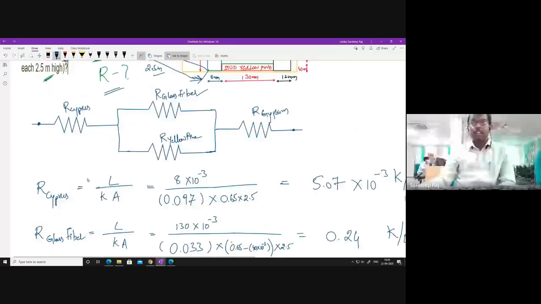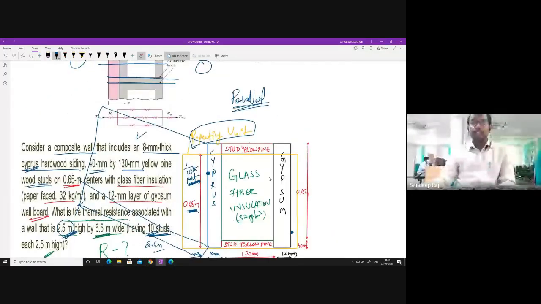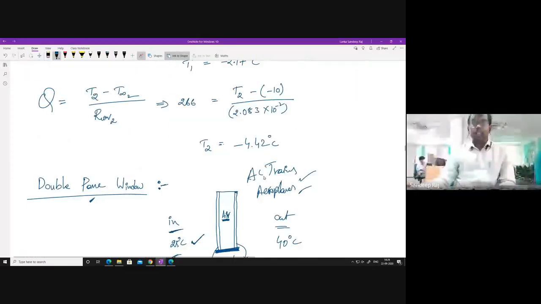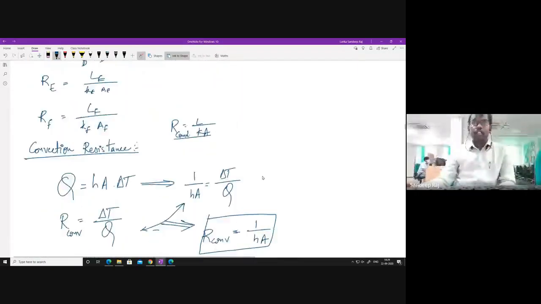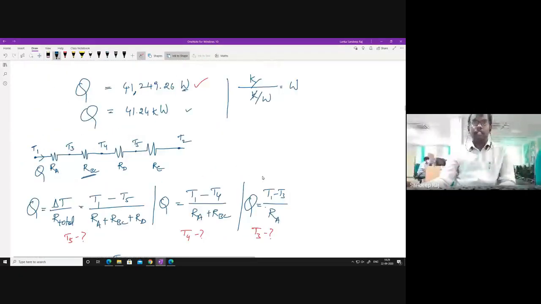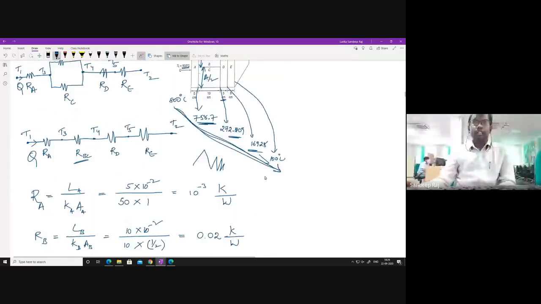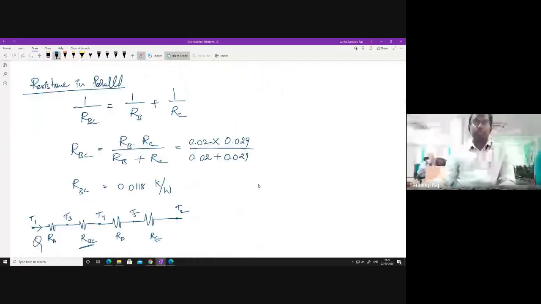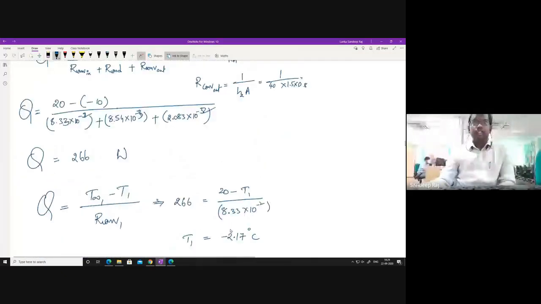And this wood siding problem we have solved. And then this problem. These are not like practical problems, but they are also like the resistance constant problems.